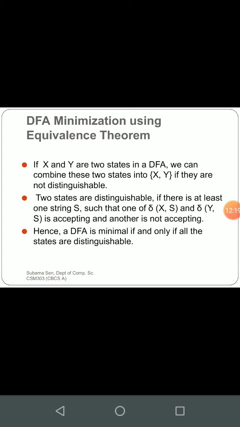Hence a DFA is minimal if and only if all the states are distinguishable. If already the DFA is like this, that all states can be distinguished from one another, then that will be the minimal DFA. We cannot do anything else.